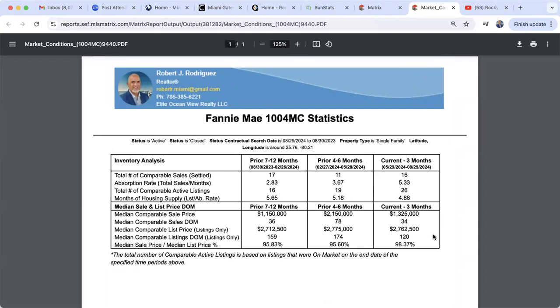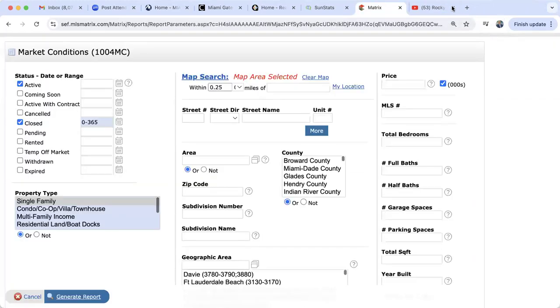All right, homes here are selling at 98.3% of the asking price.